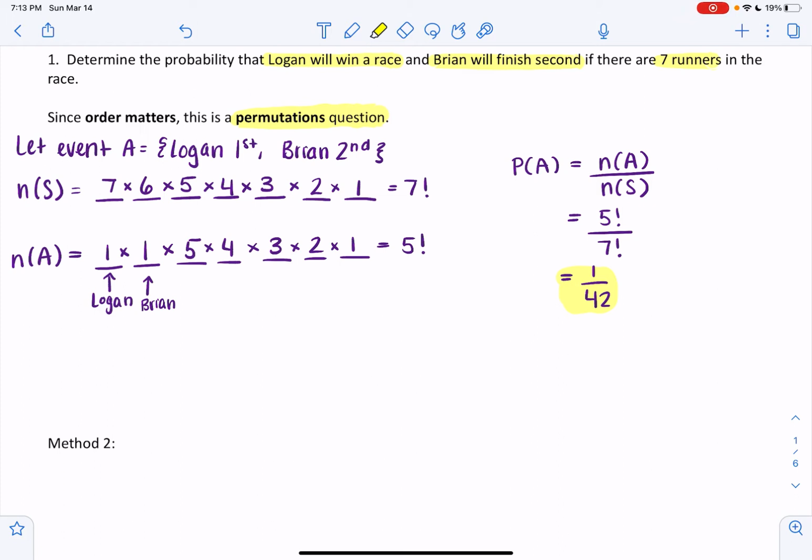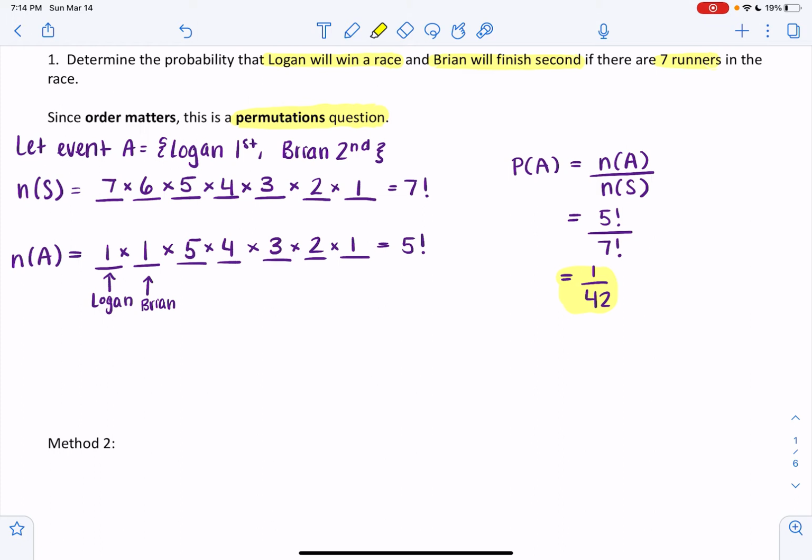Now let's try another method. For our first method, we considered all of the different spots. We considered all 7 places of this race. But we only really care about first and second, because those are really the only ones where we're adding restrictions in.